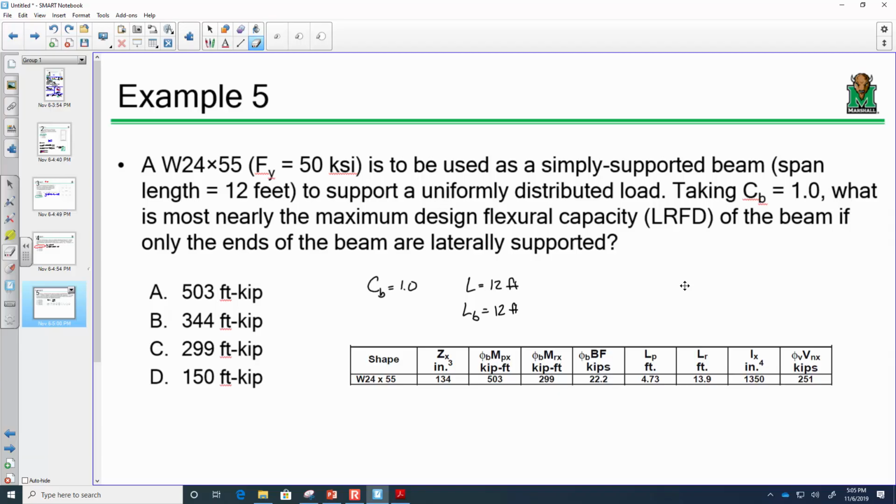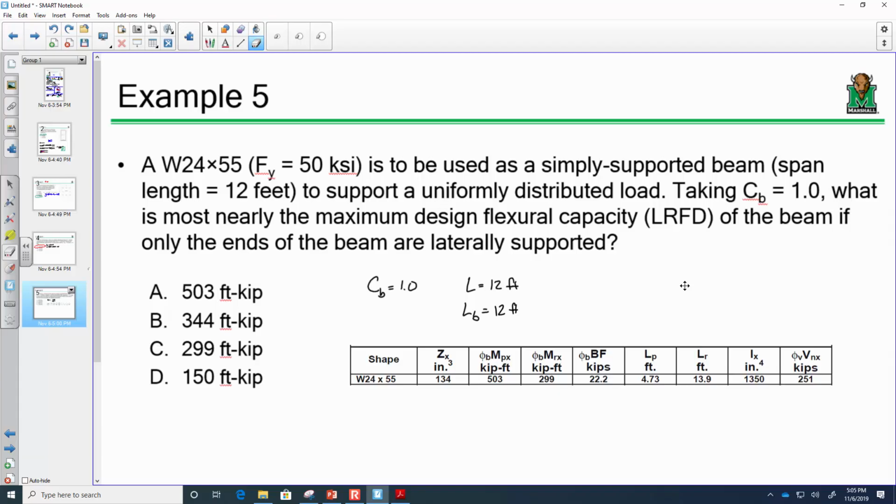Lateral torsional buckling. Remember there were 3 zones, right? Those zones are defined by these points right here, Lp and Lr. Remember, if your brace length is smaller than that, it's just going to be Fy Zx, your Mp. If we're between these points, we've got that straight line fit.